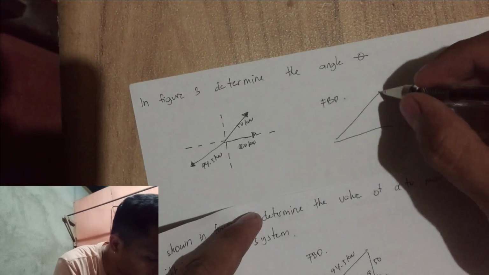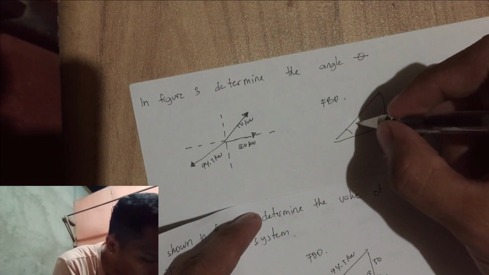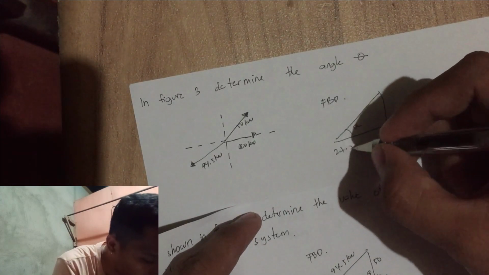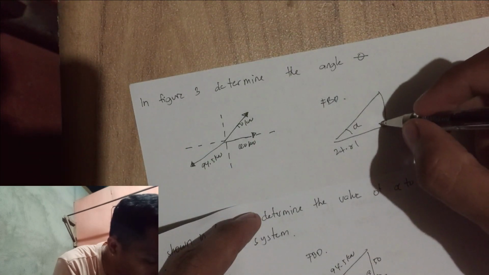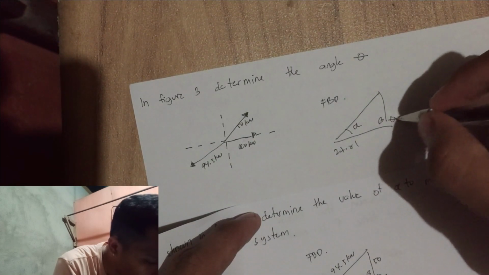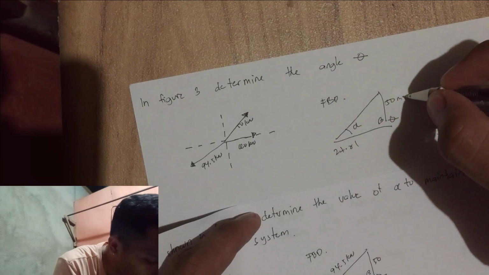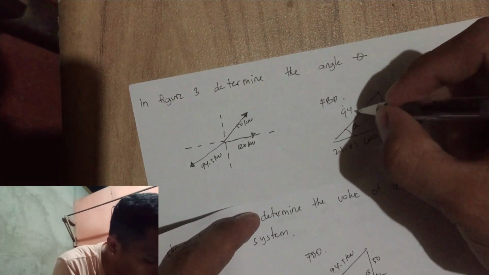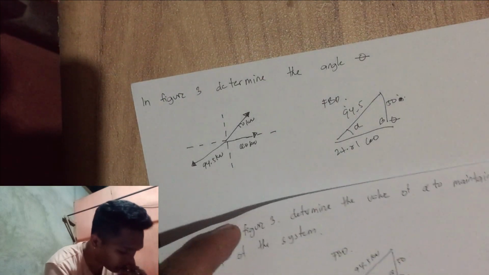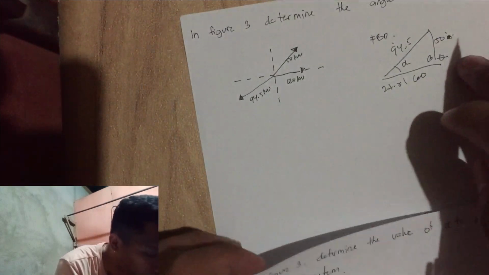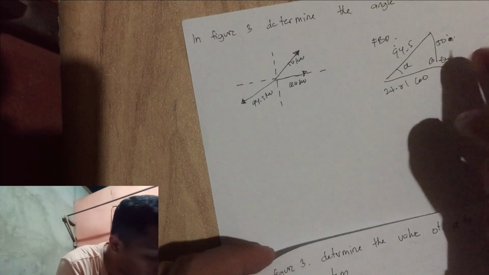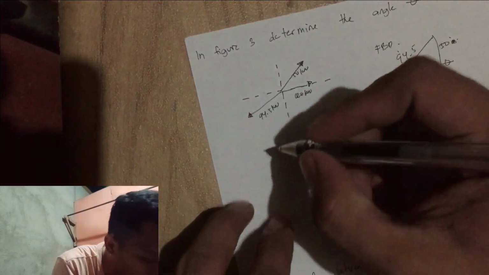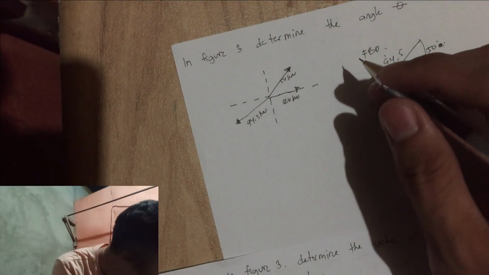This is going to be alpha, which is 27.81, and then beta, and this is 50, this is 60, and this is 94.5.